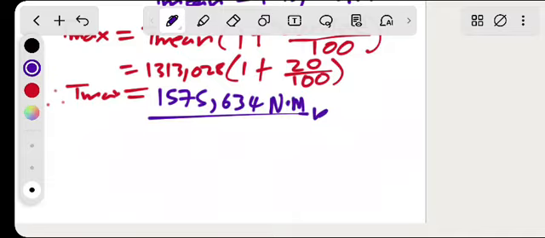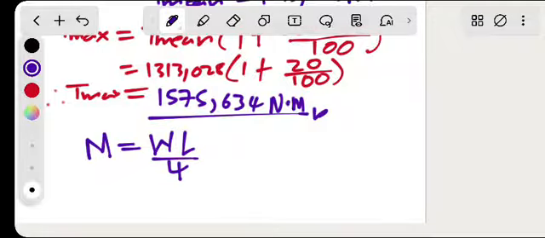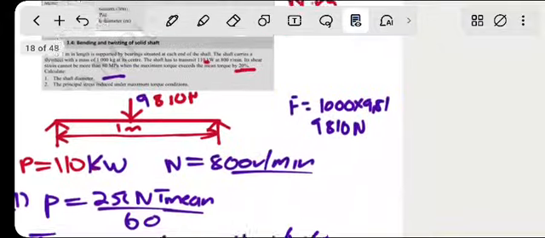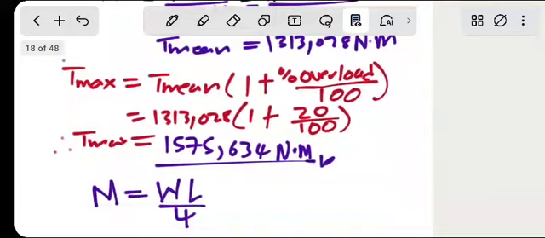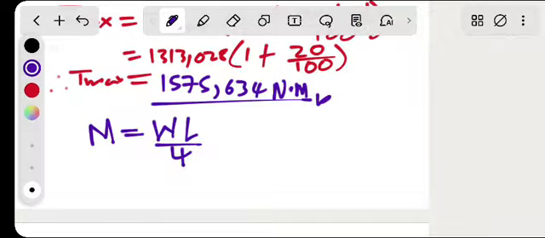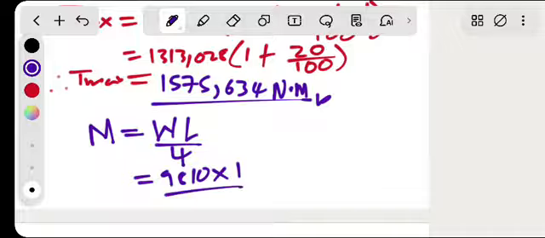We have been given a simply supported beam. We know that the maximum bending moment will be W multiplied by the length, divided by 4. I've discussed this; go watch the video where I explain it. If you have not watched that video, please check it. The weight is 9810 Newton for that flywheel, and the length is 1, divided by 4.